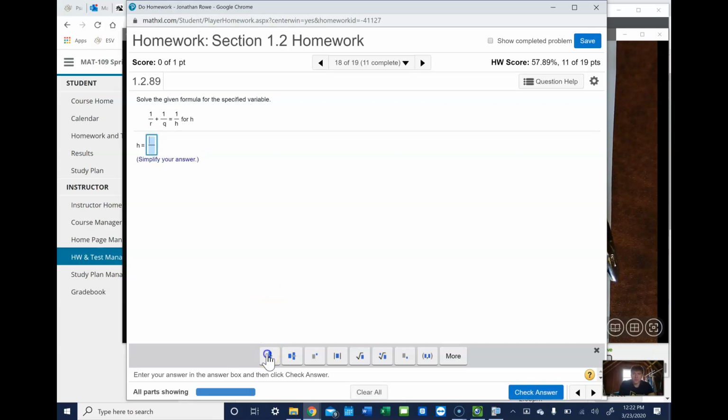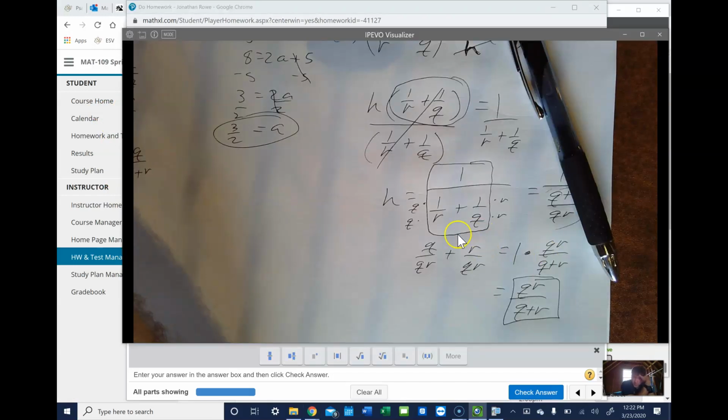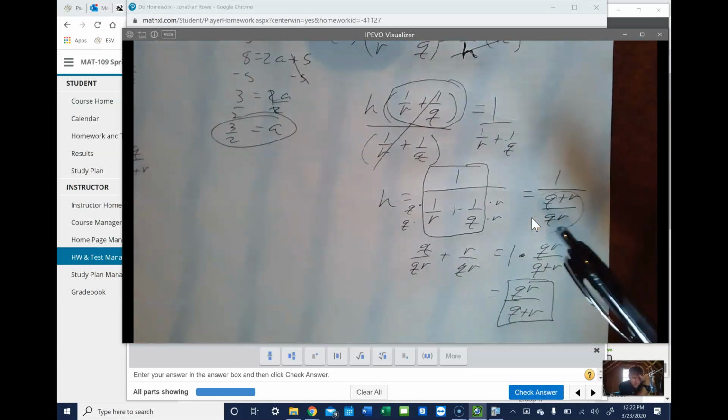So fraction bar, qr on top and q plus r on bottom. If you need to know how to get to this answer, you're going to need to go back to how I just solved it here. So again, what I did was I combined the 1 over r and the 1 over q on the bottom by getting a common denominator. I made them into one fraction here.